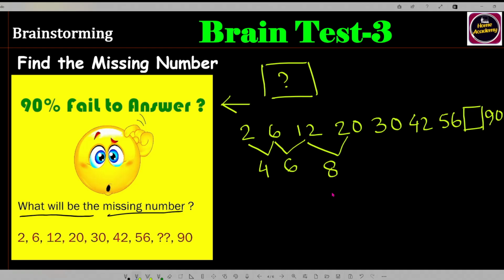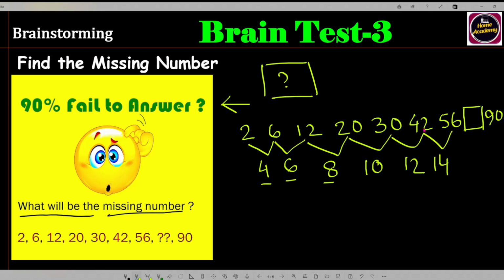Now look, it's a very interesting thing. 4, 6, 8, and obviously it should be 10, then 12. Look, it increases by 2. 4, 6, 8, then 10, then 12. Next it should be 14, right?